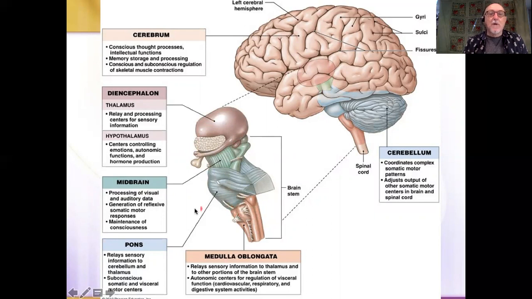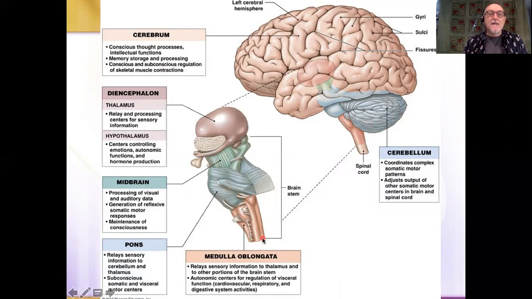And it is composed of, first of all, the thalamus and hypothalamus, the midbrain there, this swelling here called the pons, and then the medulla oblongata.